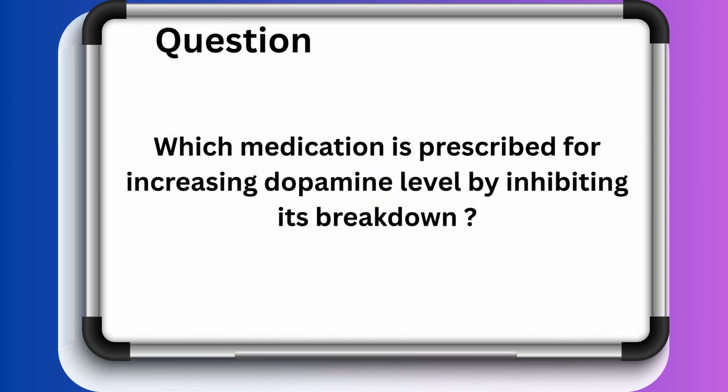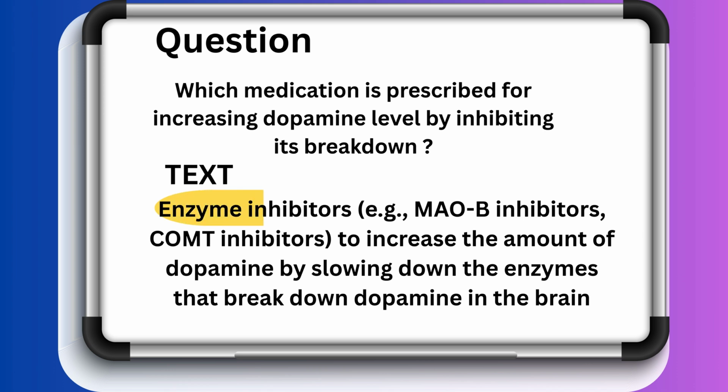Now answer this question based on text D. Which medication is prescribed for increasing dopamine level by inhibiting its breakdown? The correct answer is enzyme inhibitors. Check carefully how paraphrasing has been done between the text and the question.